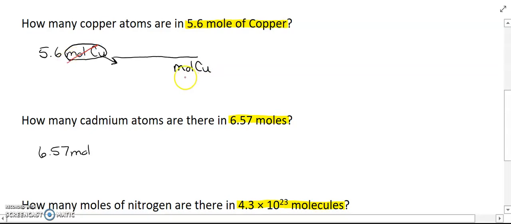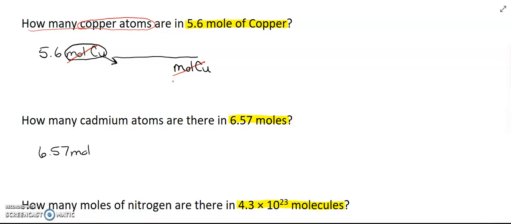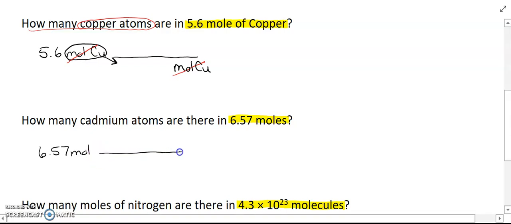Because the whole idea behind this problem is I want to take this moles of copper and turn it into atoms of copper. And if I'm going to turn it into atoms of copper, I need to get rid of the moles. Anything on the top and the bottom of a fraction is going to cancel itself out. So with every single problem I have here, I can draw a line and put this unit down on the bottom so it can cancel out.